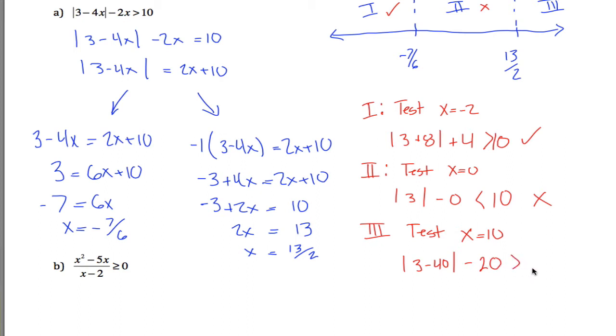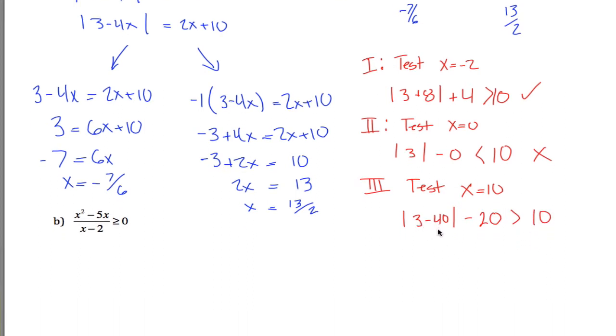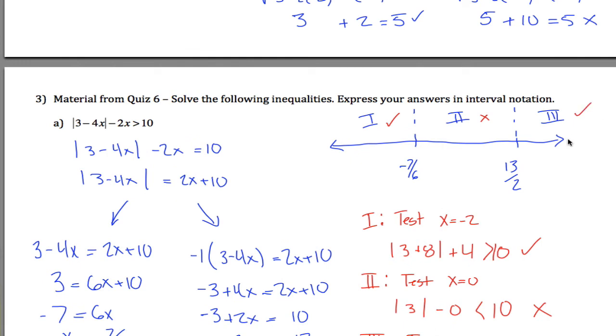Is that greater than 10? Well, 3 minus 40 is -37. The absolute value of that is positive 37. And 37 minus 20, yeah, that's 17. That is greater than 10. That's true. These are solutions.